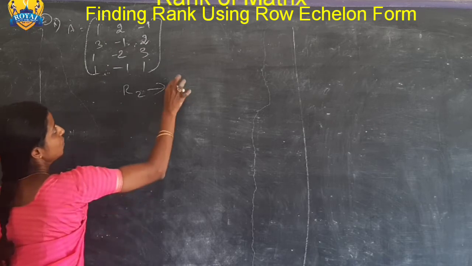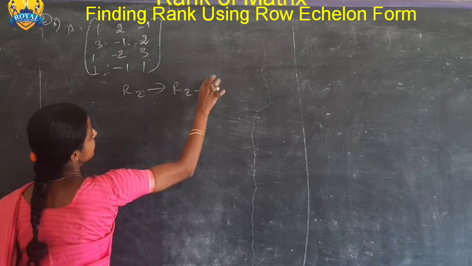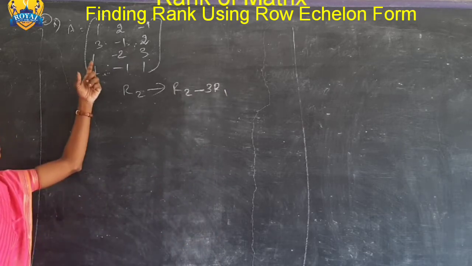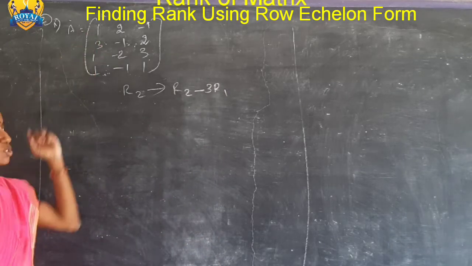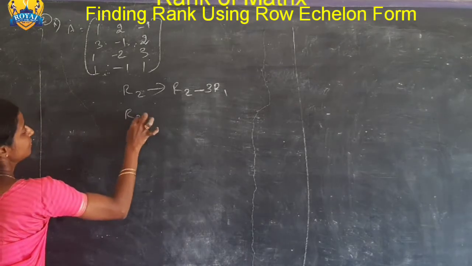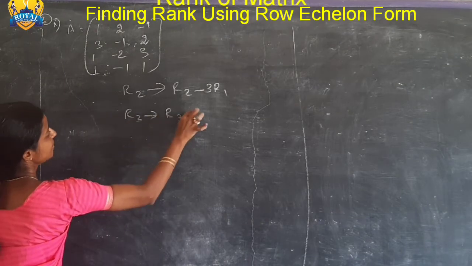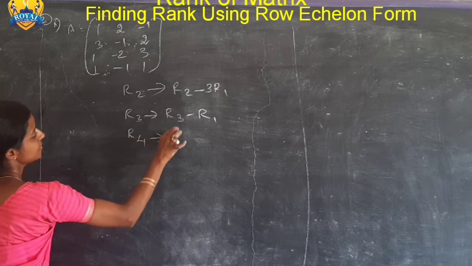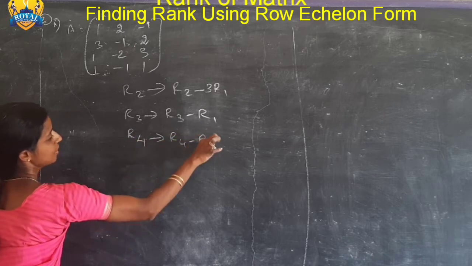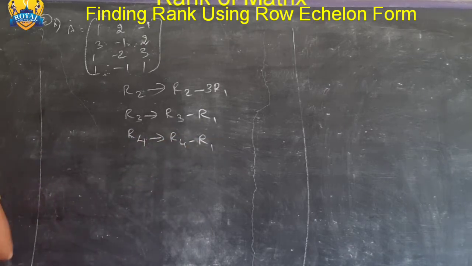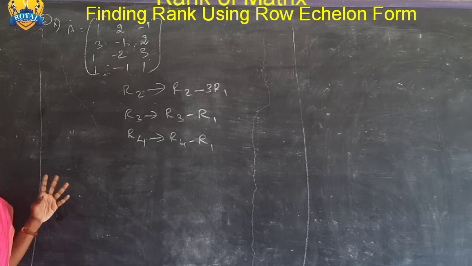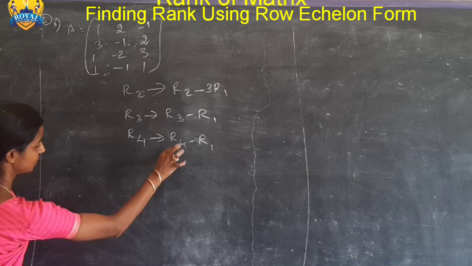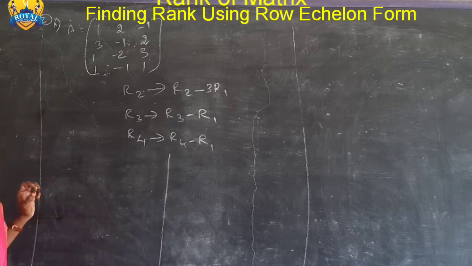So R2 minus 3R1. In R3 I have directly 1, so 1 minus 1 is 0. So R3 becomes R3 minus R1. Similarly, R4 becomes R4 minus R1. Okay, so now let us enter into the calculations and then come back to the equivalent matrix.